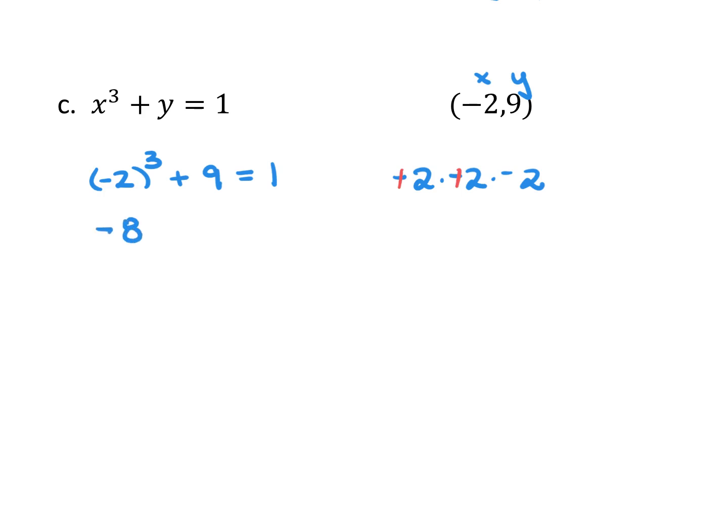And if you multiply 2 times 2 times 2, you do get 8. We can go ahead and bring down the rest of our equation. And now if you do -8 plus 9, we have different signs. We are going to subtract, keep the sign of the larger number, and we do get 1 equals 1. And so (-2, 9) is a solution.